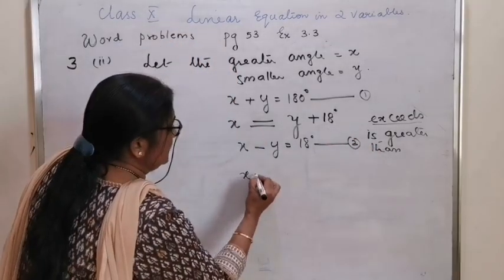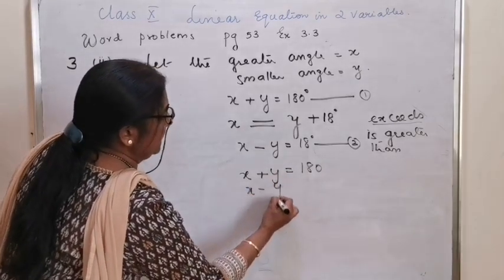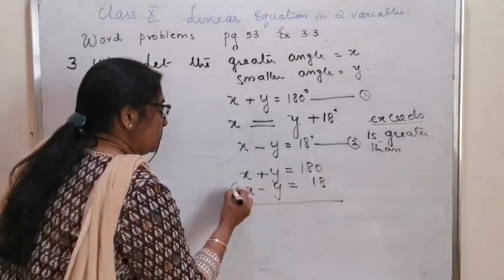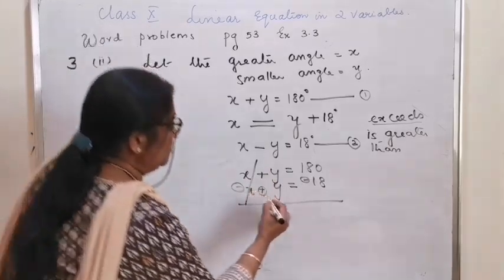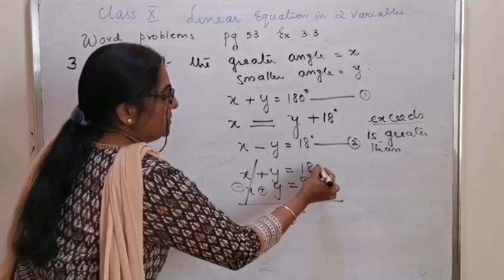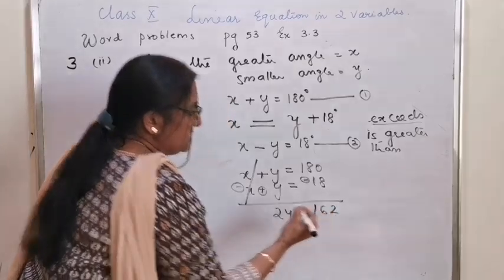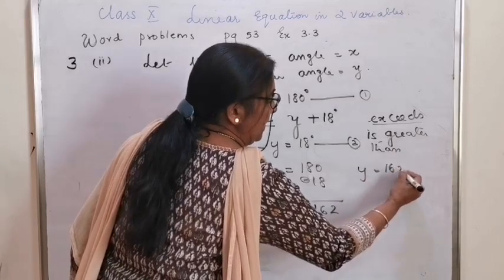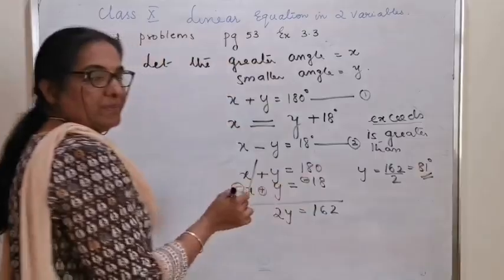Solving the equations, x plus y is equal to 180, x minus y is equal to 18. You are subtracting the equations. 2y is equal to 180 minus 18, which is 162, or y is equal to 162 divided by 2, 81 degrees.